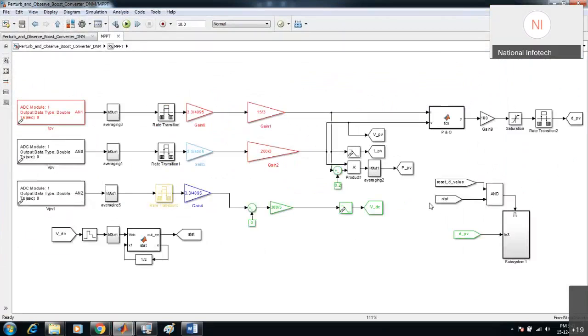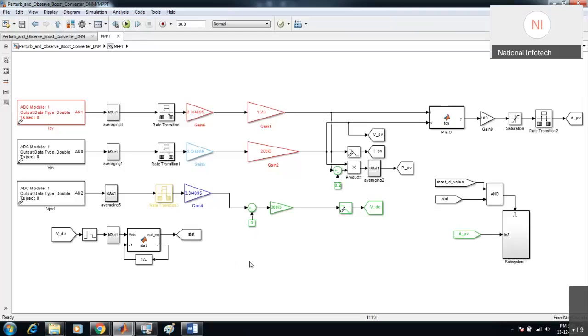Okay, so till now we have understood the MPPT algorithm, why MPPT is needed, and we have seen how we can develop the PNO algorithm and the simulation, and how we can verify the outcome of this PNO algorithm with the proper waveforms. Now we will be writing code to obtain this in our actual hardware.